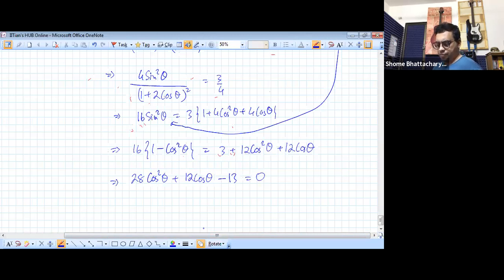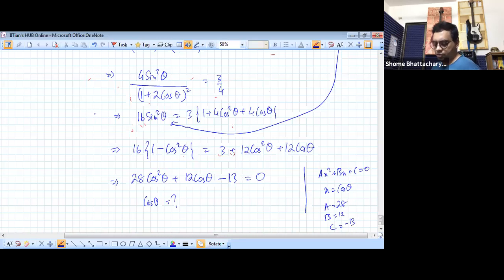Okay, so now solve this for cos theta. This is an equation of this type: ax square plus bx plus c is equal to 0, where you can see x is cos theta and a is 28, b is 12, and c is minus 13.